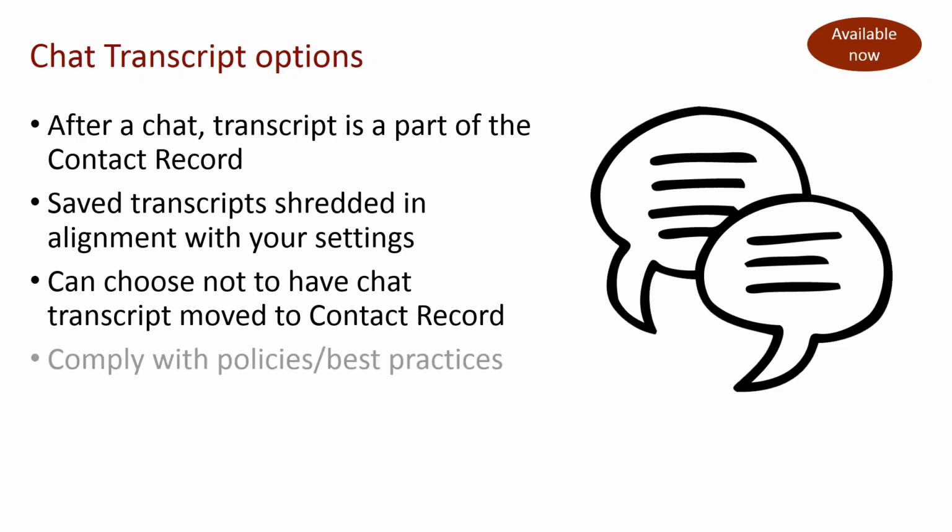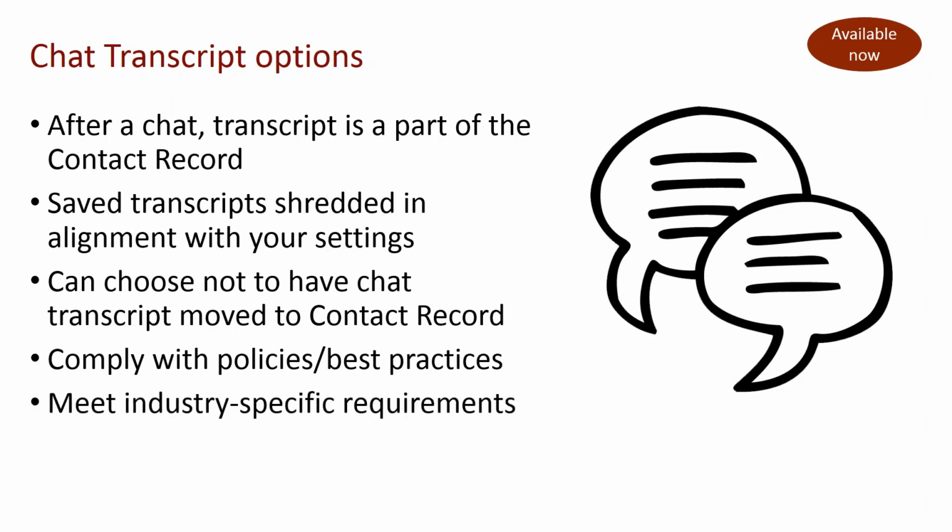Now, this helps you comply with policies or best practices that you might want to set internally. There are many reasons why you might not want to have that transcript be a part of the contact record. But then also it helps meet industry-specific requirements. We've encountered clients and potential clients who are in the intimate partner violence and domestic violence space, the sexual violence survivors space, who have their own industry-specific requirements they need to comply with as far as protecting people's private and identifiable information.